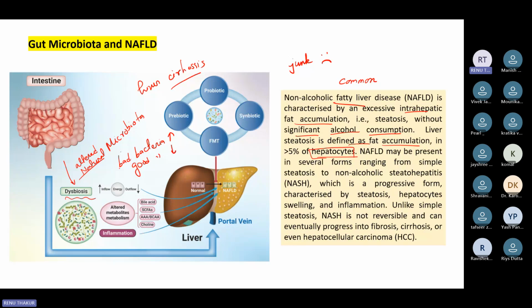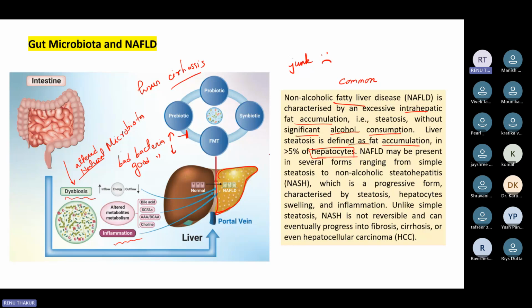Now if the bad bacteria is increased, it will inhibit the short chain fatty acid production, and then what will it do? It will start inflammation, and inflammation will do what? The accumulation of fat, and then this condition will be worsened day by day if you are not seeking any medical help.